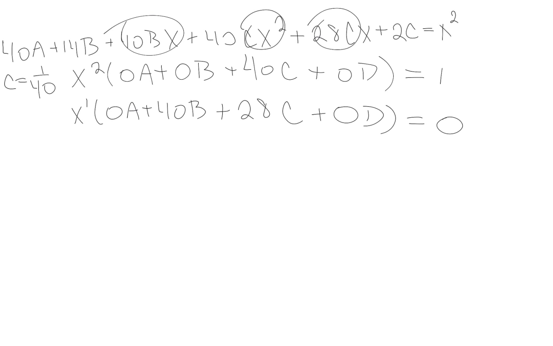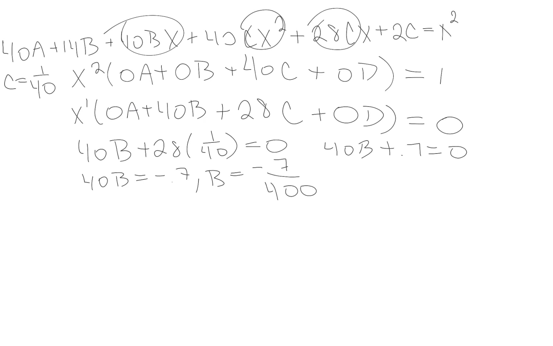So already I could say 40b plus 28c equals 0, and c is 1 over 40. So I'm not so sure why I've been seeing the letter d, but it's not there. Disregard that. Just forget about this part and this part. But anyway, 40b plus 28c equals 0. So we've already solved for c and gotten that c is 1 over 40. So b would be minus 7 over 400.